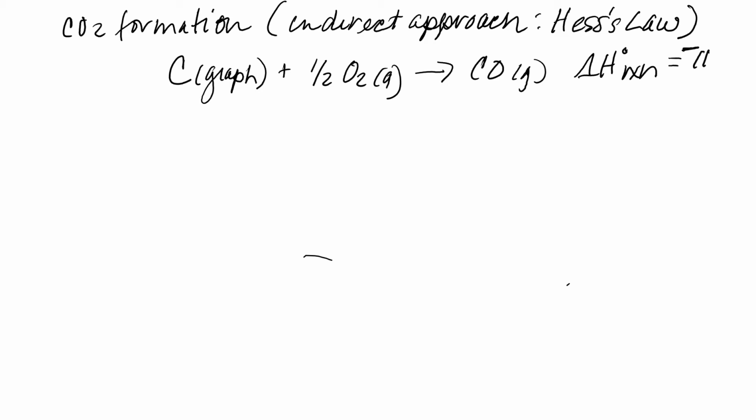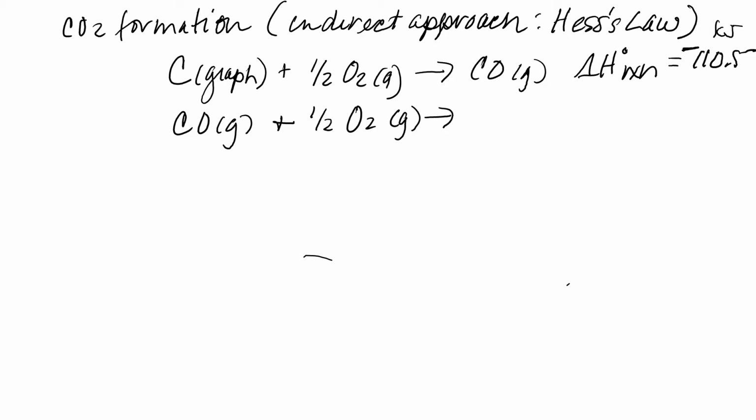This is negative 110.5, and that's in kilojoules. And then we can react carbon monoxide with another half mole of oxygen. And so again, these are formation equations. In this case, they aren't always.